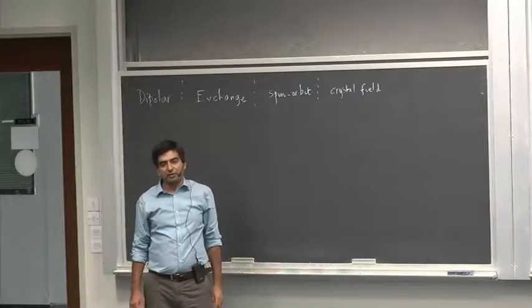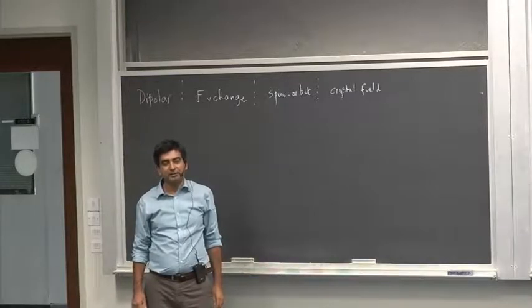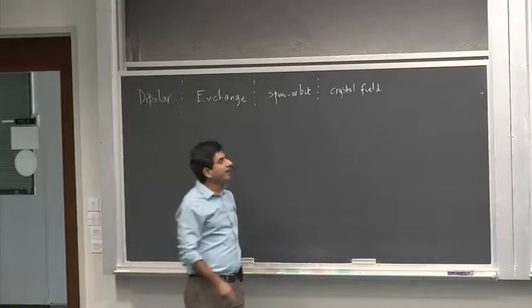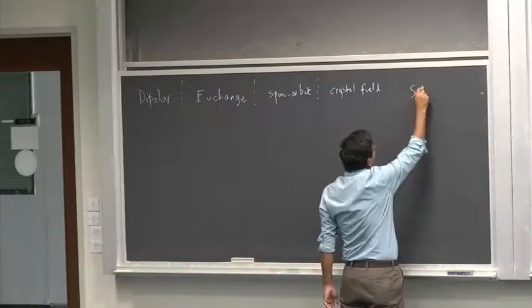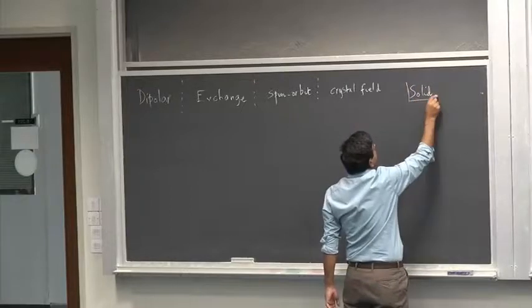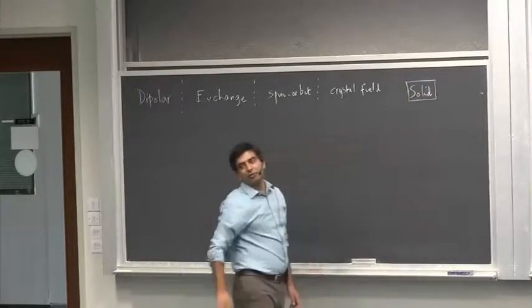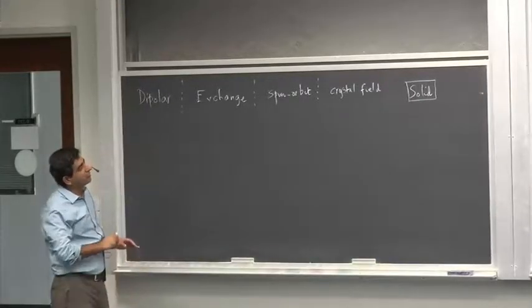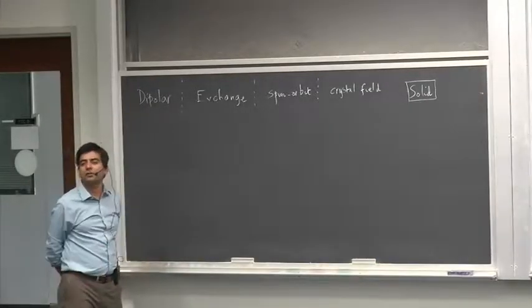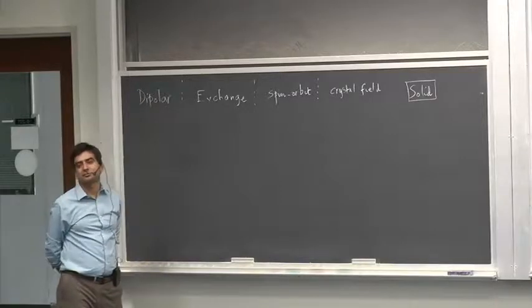Now what we would like to talk about is something more general, and we would like to introduce the concept of a solid. Suppose there is a single electron in a solid, okay? And we would like to come up with a general Hamiltonian for such an electron.